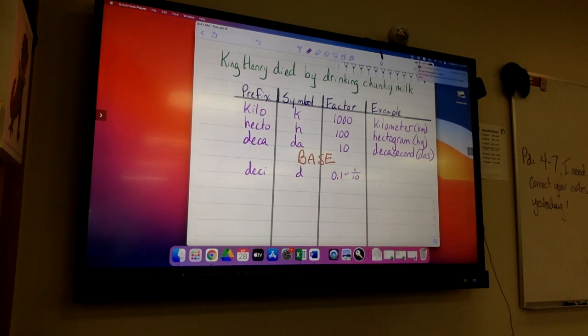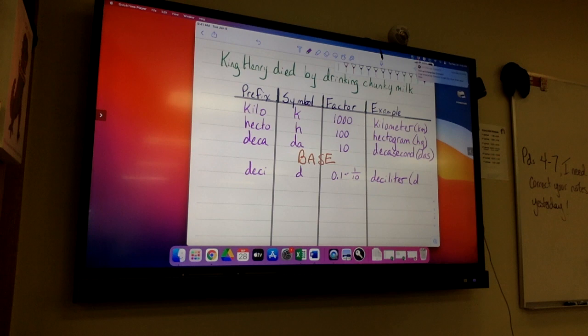So what do you want the example to be? Deci, what? What haven't we used? We haven't used deciliter? So tell me what the abbreviation is going to be.